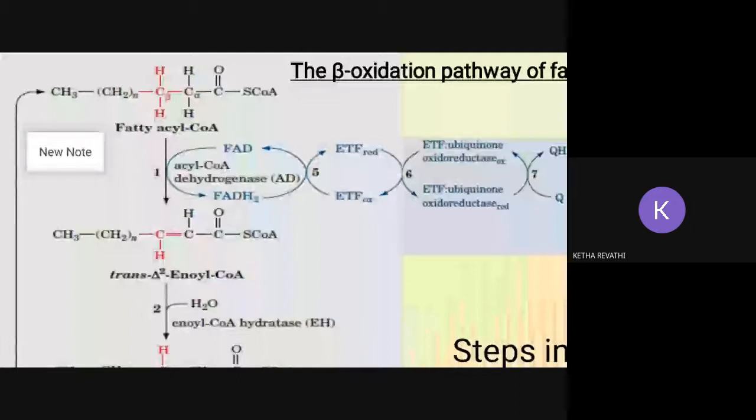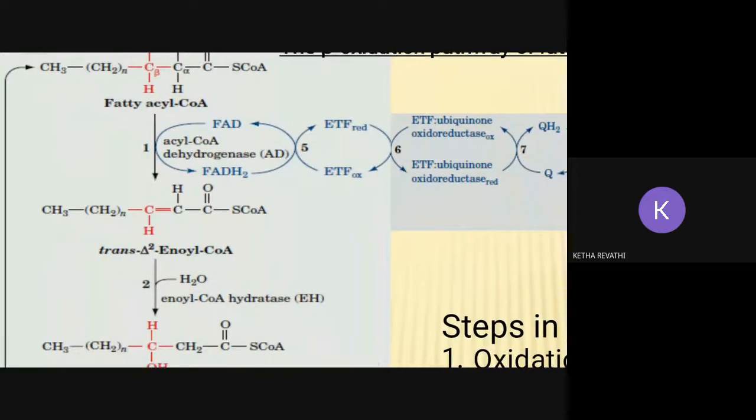2 indicates the position of the double bond. Where is the double bond? The second carbon atom. The first, second carbon atom has the double bond. Trans delta 2 means the second carbon has a double bond in trans position. You know very well, when both hydrogens are in the same plane, that is called cis. But here one hydrogen is up, another hydrogen is down. It indicates trans.